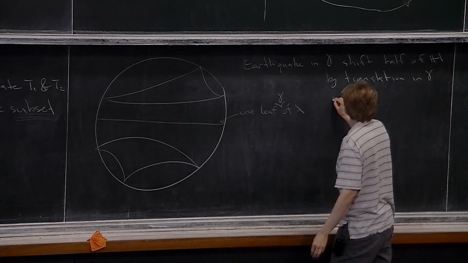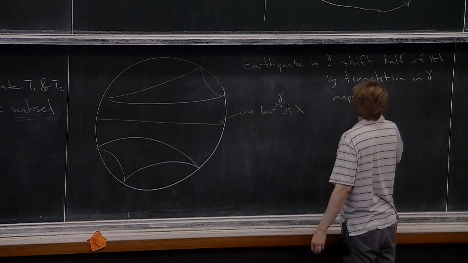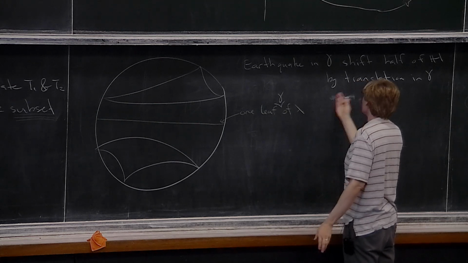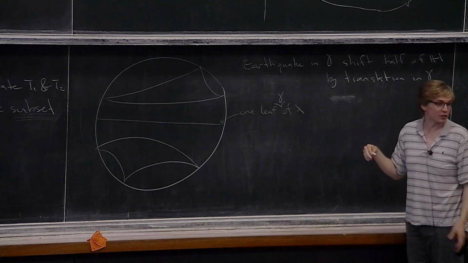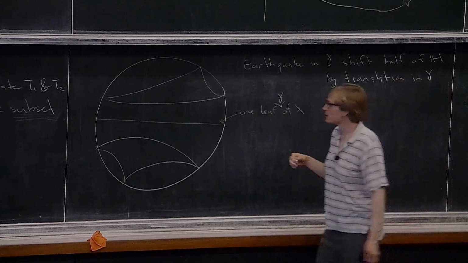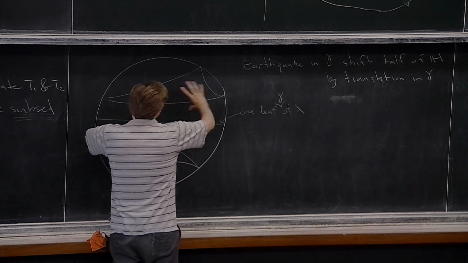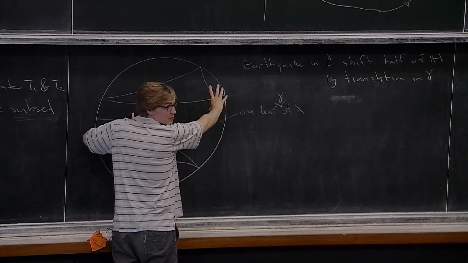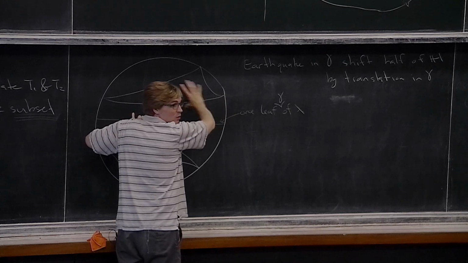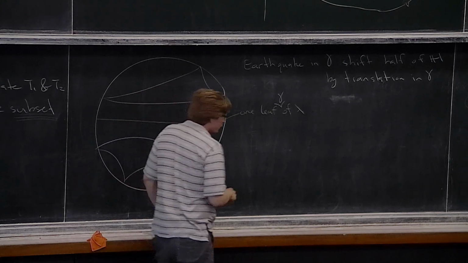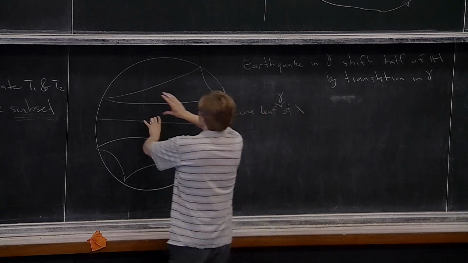Okay, so this maps lambda to the version of lambda on the earthquake surface. Right, all of the triangles up here get shifted by a certain amount. I'm going to just apply it to all of lambda. And so what am I doing? So that maps lambda to itself.